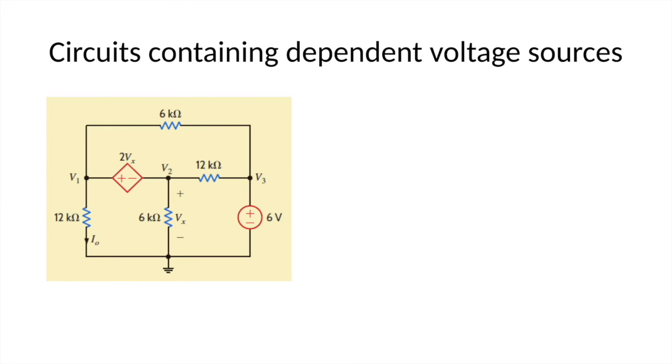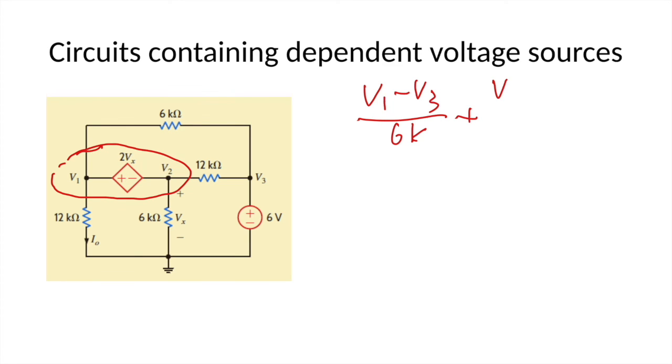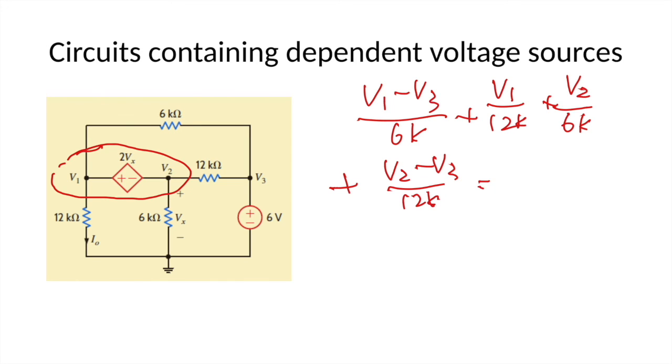Another more complicated case is that the circuit contains dependent voltage sources. But the method is similar, so we use the supernode. We have (V1 minus V3) over 6K plus V1 over 12K plus V2 over 6K plus (V2 minus V3) over 12K equals 0.